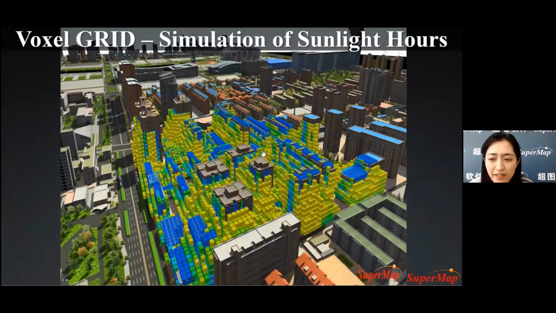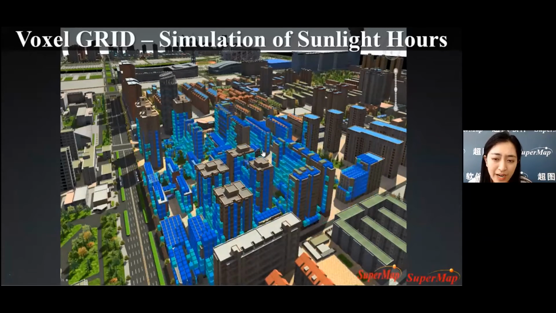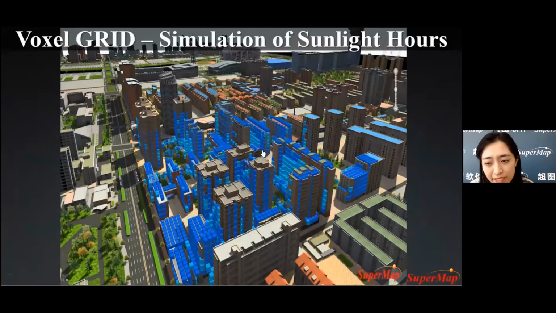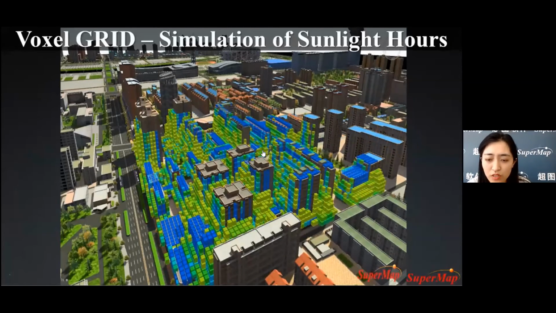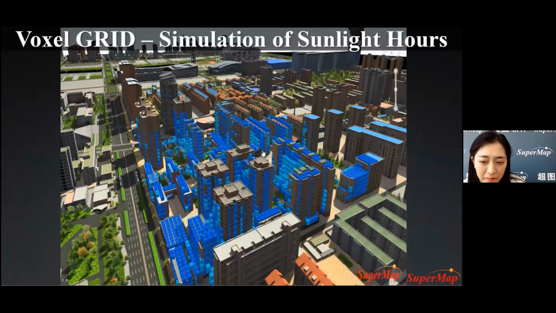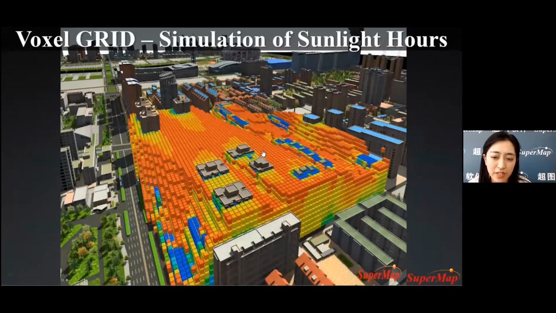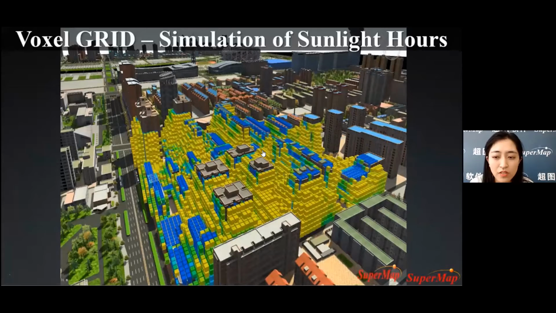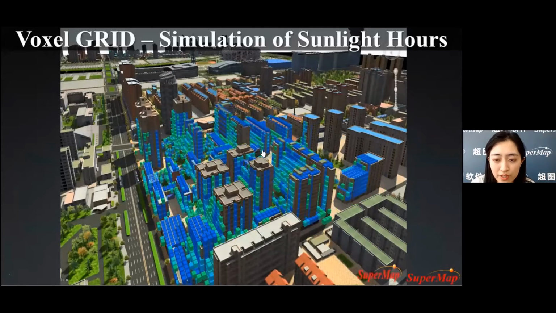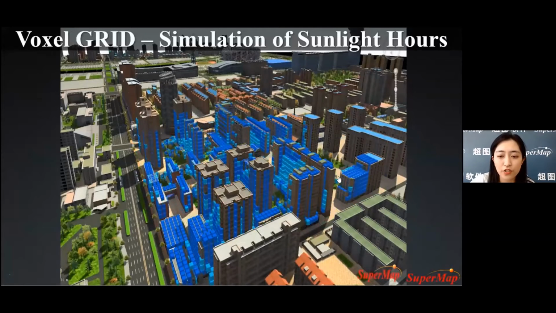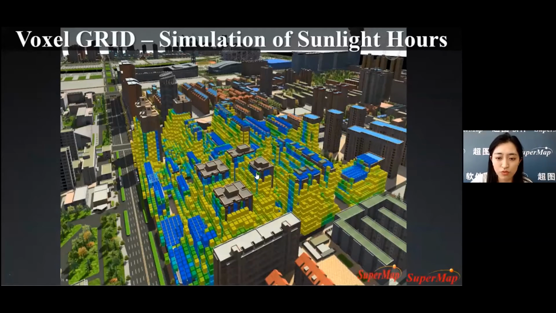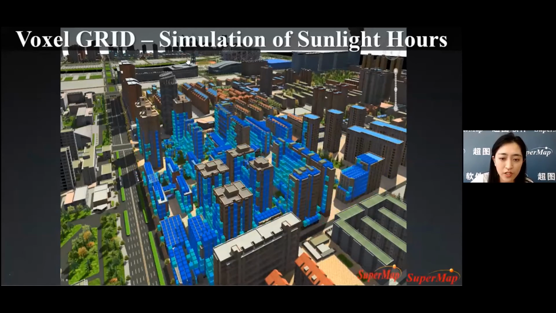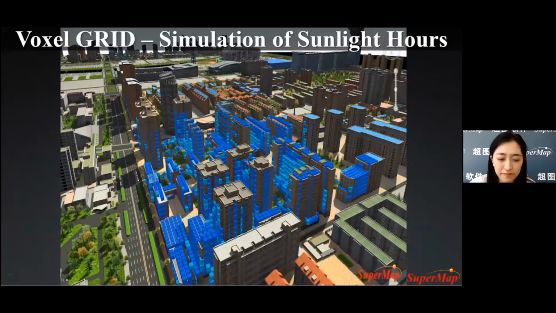The analysis result is expressed in a cube grid. We could set red for the longer sunshine time and blue for the shorter sunshine time. You can also dynamically filter the display according to the value of each grid to view the internal effect.